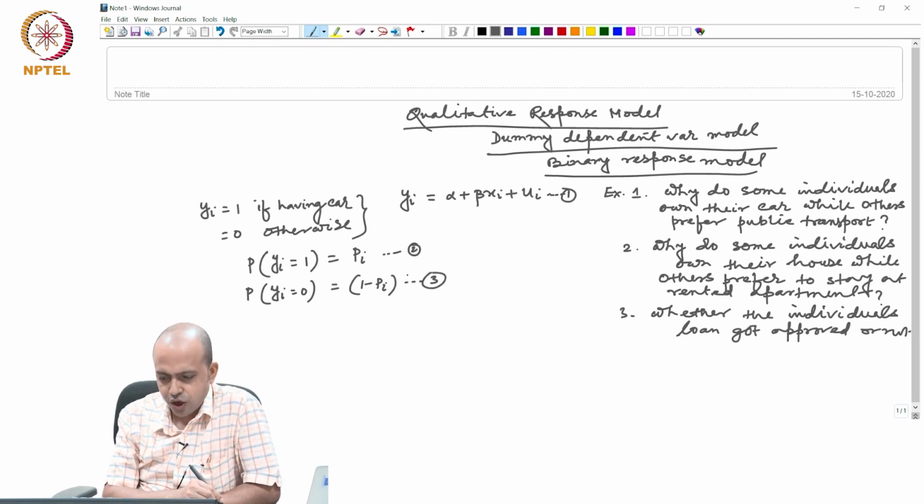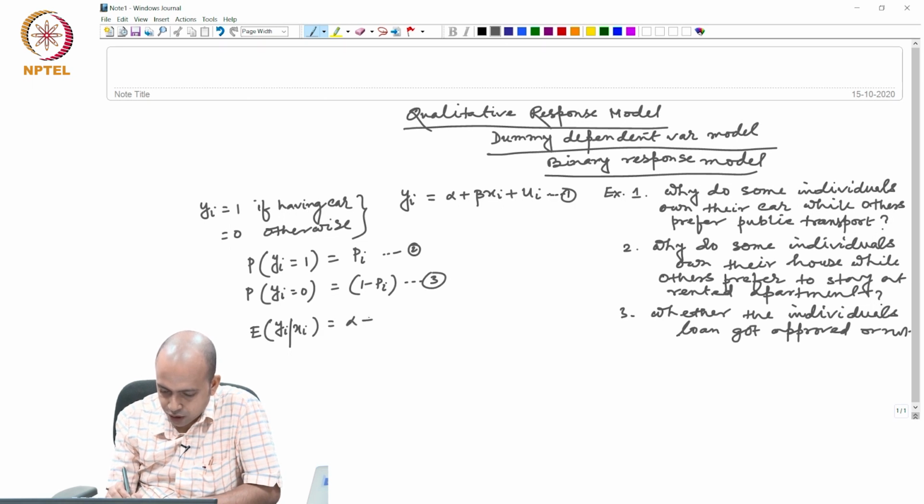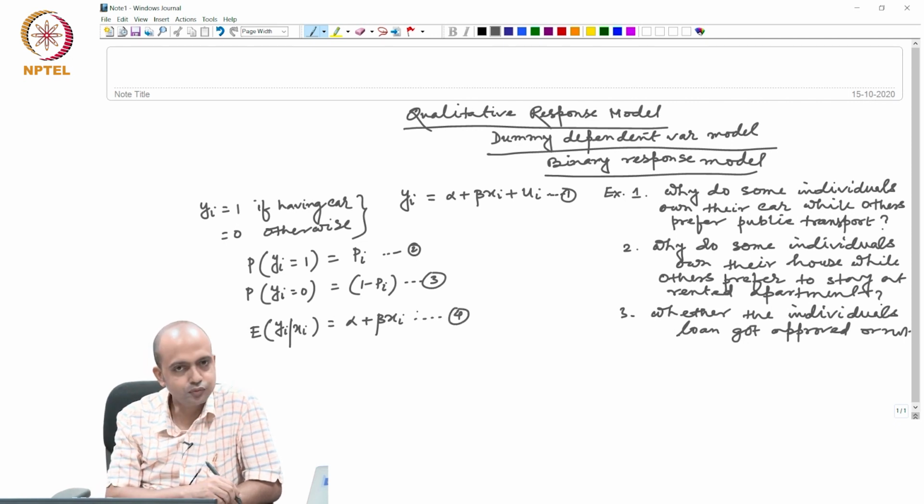Now if I take the expectation of equation 1, then expectation of yi given xi equals alpha plus beta xi. Let us say that is equation 4.